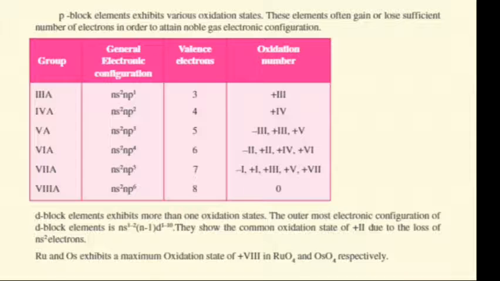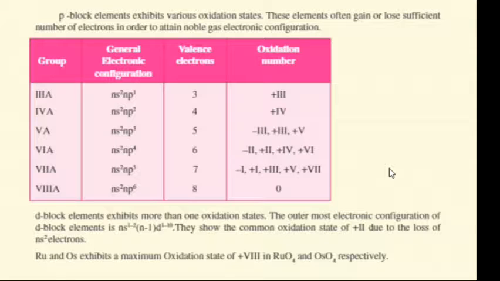Group 7A, general electronic configuration ns2 np5, valency electrons 7, oxidation number -1, +1, +3, +5, +7. Group 8A, electronic configuration ns2 np6, valency electrons 8, no oxidation number.